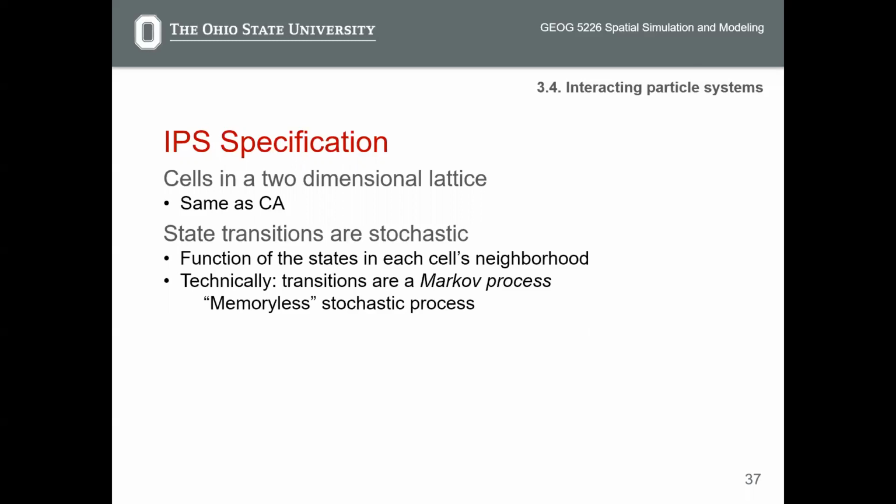Function of the states in each cell's neighborhood. This is similar to total CA. The state of a cell at t+1 is a function of the states in its neighborhood. And technically, transitions are a Markov process, which means it's memoryless, a stochastic process.